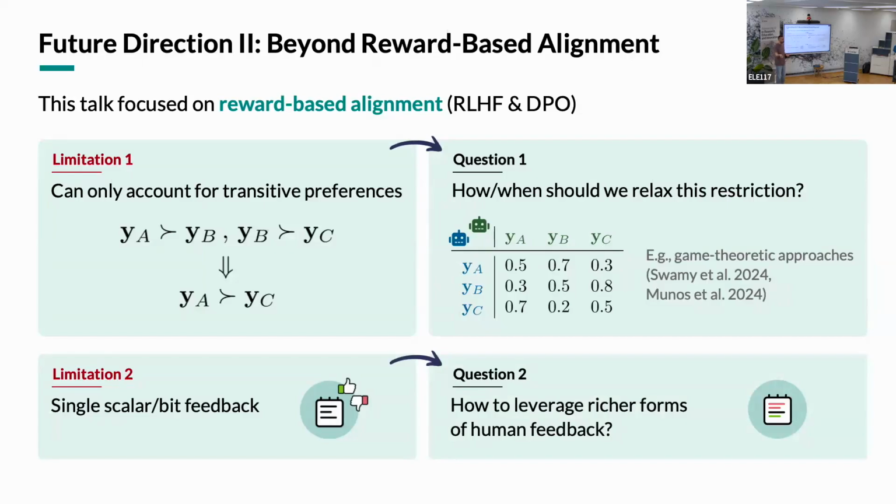Okay, if someone is going over a response or two responses and telling you which one is better, then it's not that much more work to also mark perhaps which parts of the responses are good or not, maybe even give some natural language feedback. And this is a challenge both for practice and theory. Okay, how we can design algorithms that use this type of feedback, and how can we formalize when is it beneficial, what benefits they bring, and so on.